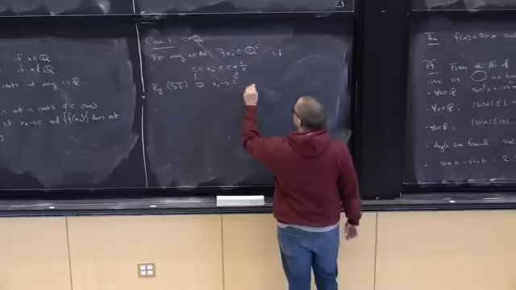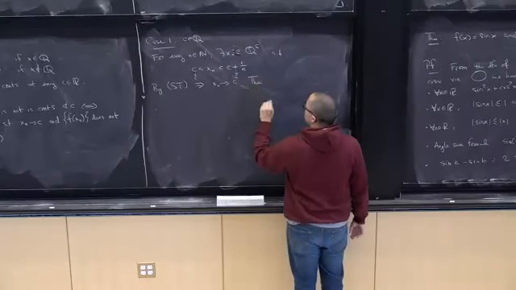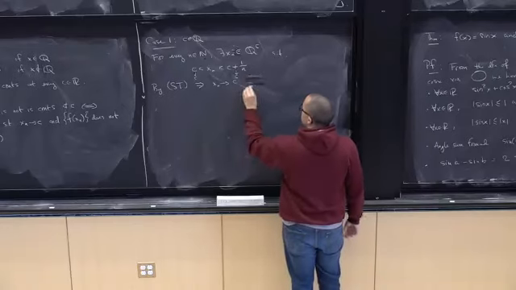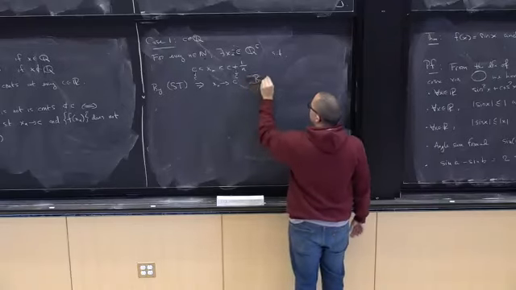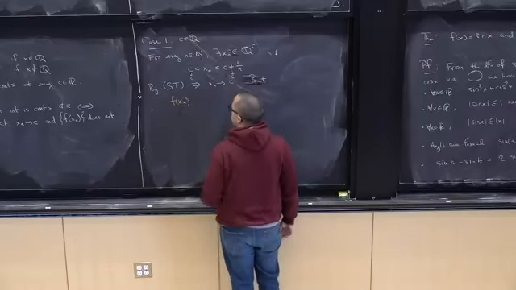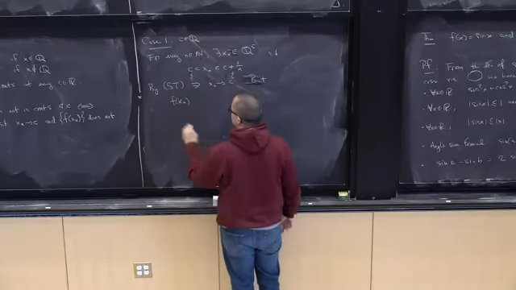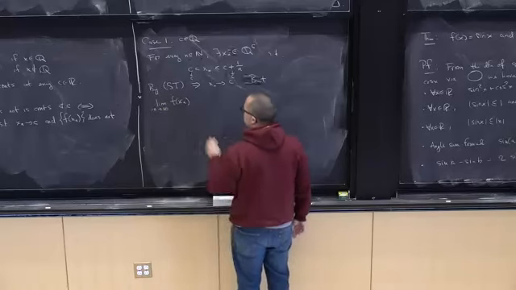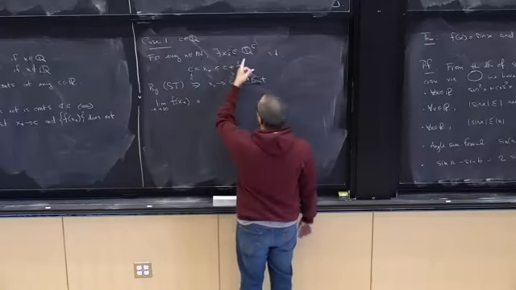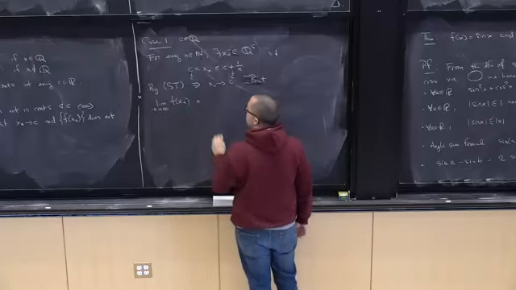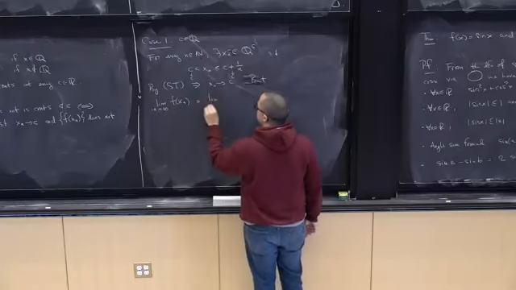Because x sub n converges to c, but if I look at the limit as n goes to infinity of f of x sub n, since all the x sub n's are irrational numbers, I stick them into f, I get 0.